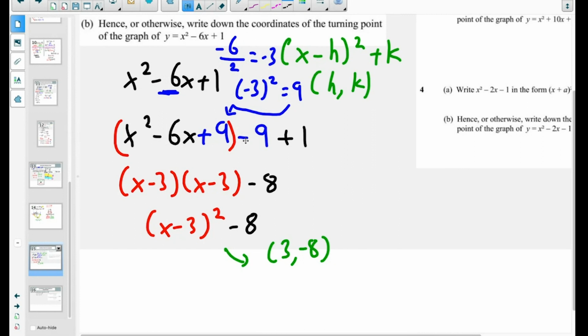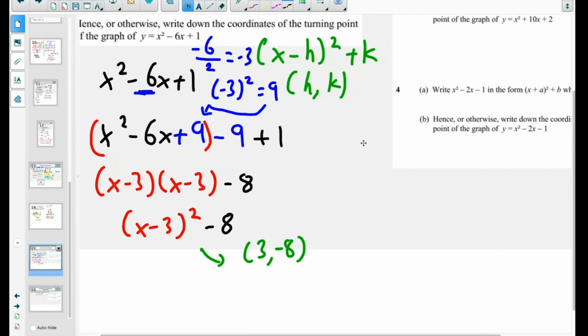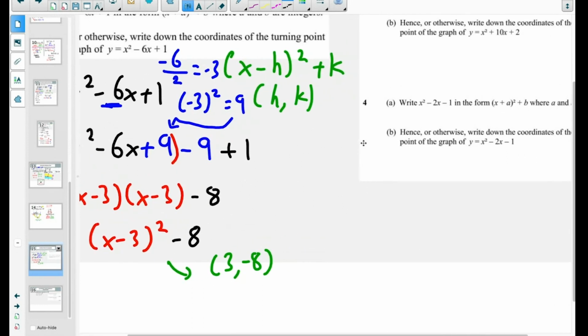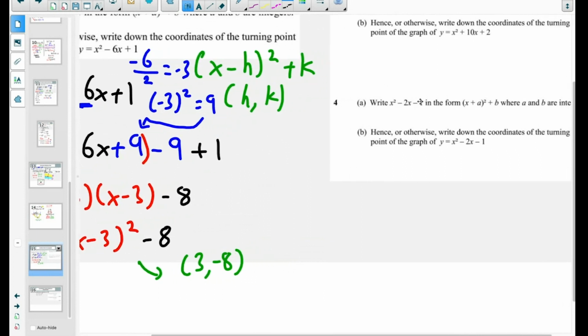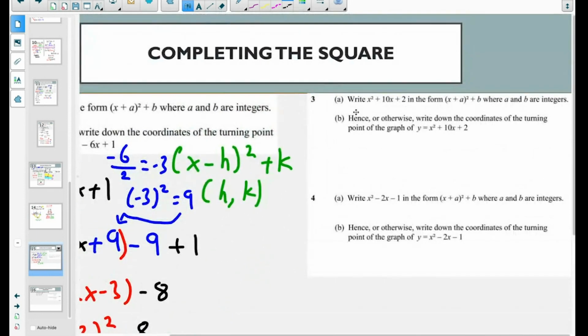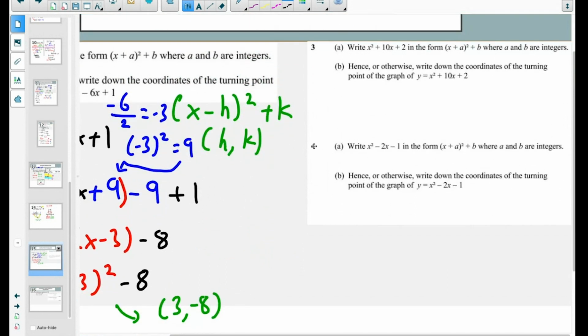So maybe what I'll do is a couple more examples with you to help you feel a bit more comfortable with that. All right. So let's do these two here on the side and see how we feel. Again, I know completing the square seems very, very arbitrary right now.